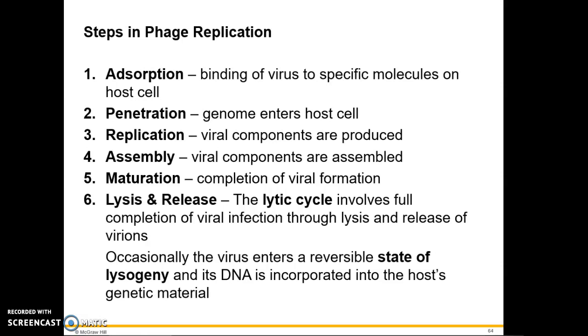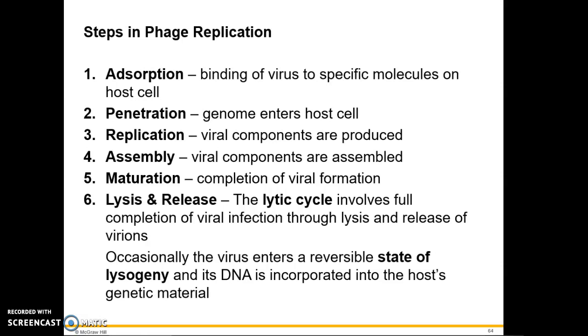proteins that make up the virus are synthesized or produced. Assembly is where those components are put together to form a virus or a viral body or phage. The maturation stage is the completion of viral formation. So it's kind of the completion of the assembly stage.